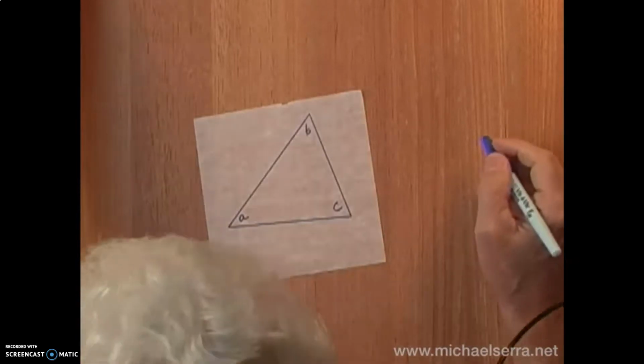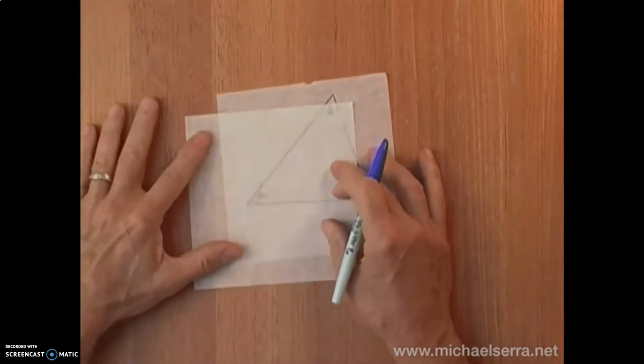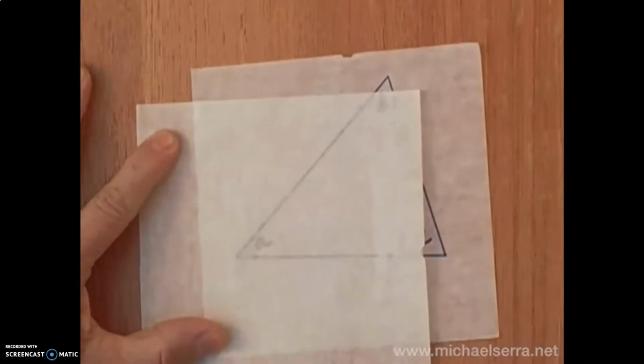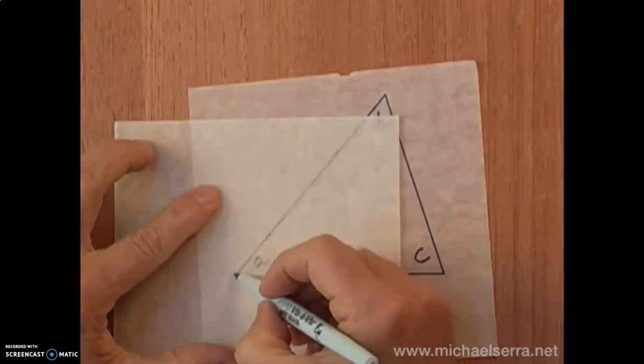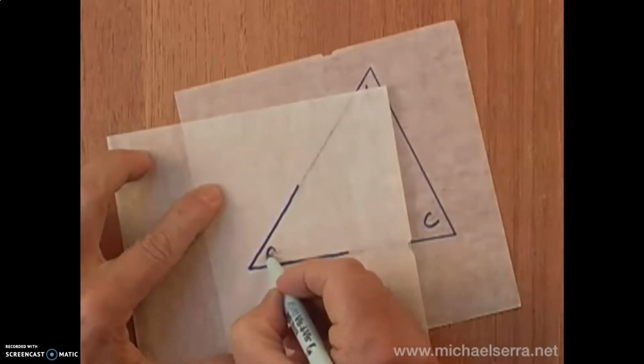And now he's going to take some more patty paper, and he's going to trace that angle A. So he's lining it up, and he's going to mark that that is A.